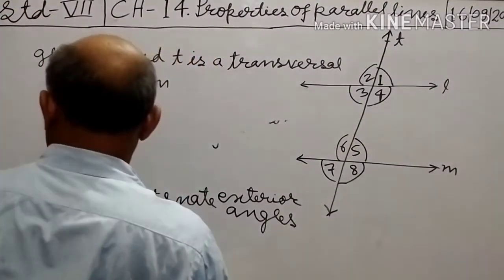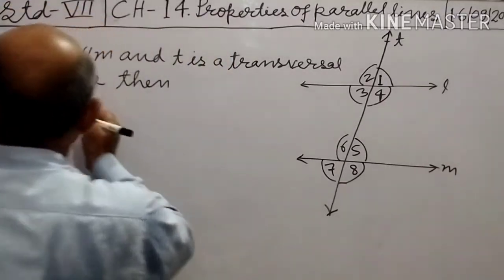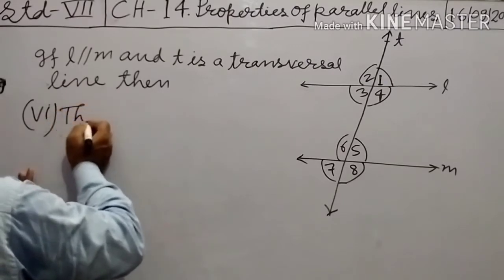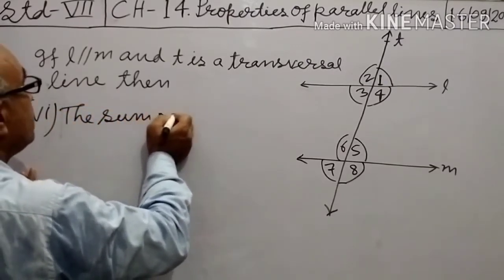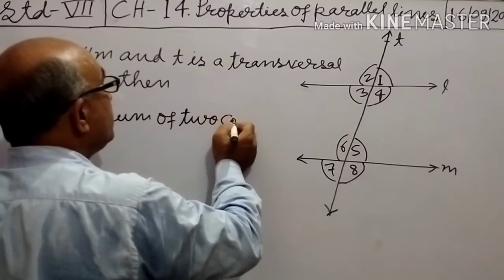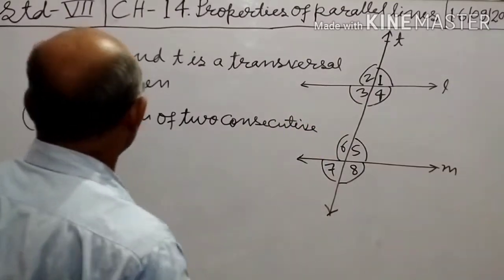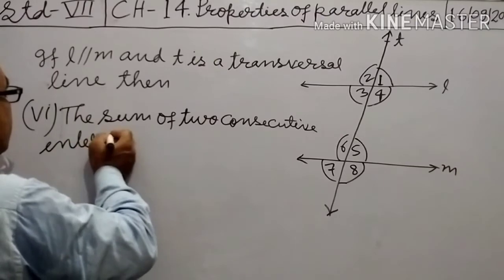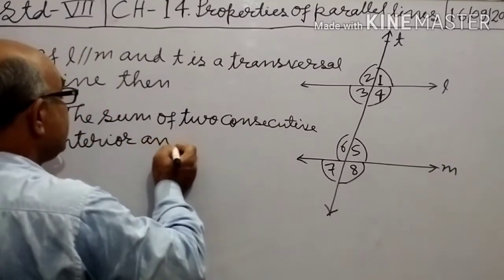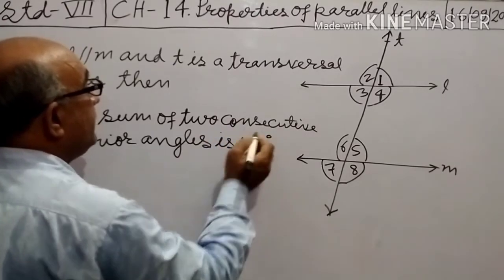Next term is sixth point. The sum of two consecutive interior angles is 180 degrees.